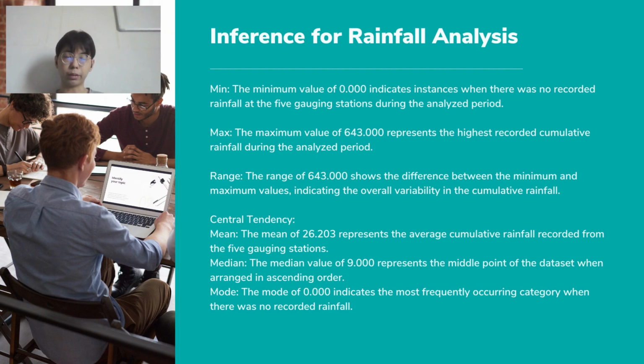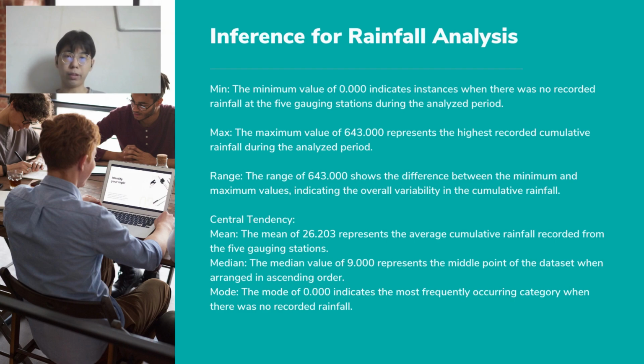So now I explain the inference for the rainfall variable analysis. The first is the minimum value of 0, which indicates the instances when there was no recorded rainfall at the 5 gauging stations during the analysis period.